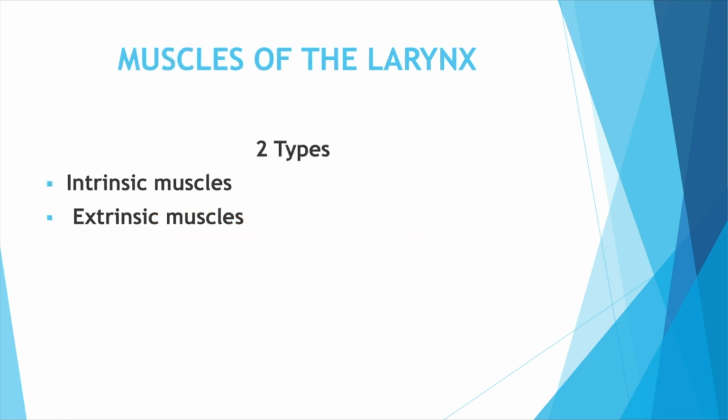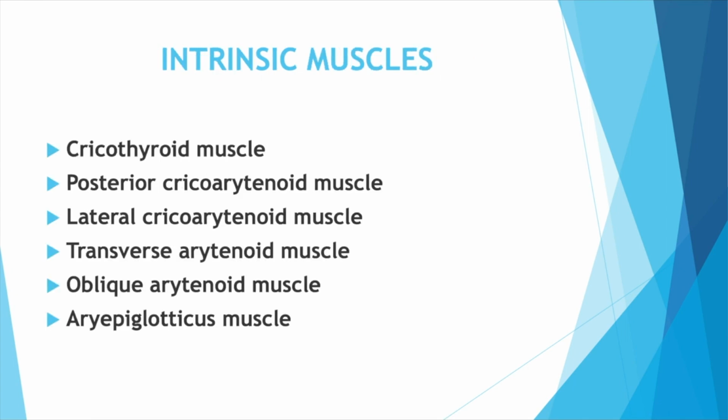Muscles of the larynx: 2 types, intrinsic muscles and extrinsic muscles. Intrinsic muscles are cricothyroid muscle, posterior cricoarytenoid muscle, lateral cricoarytenoid muscle, transverse arytenoid muscle, oblique arytenoid muscle, and thyroarytenoid muscle.